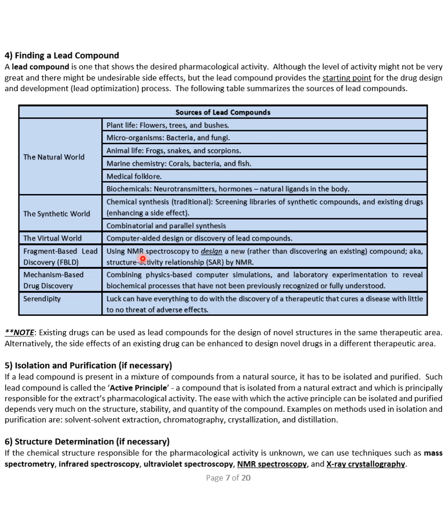Okay, so basically it relies on the use of NMR spectroscopy to design a new drug, like design something from scratch. This method is also called structure activity relationship by NMR, or SAR by NMR, and I'll explain why it is called this when I show the figure. If you're not interested, you could just skip it.